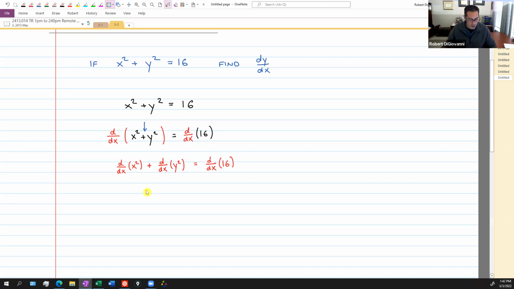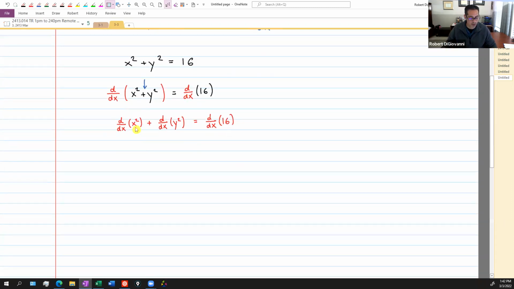All right. On this first one, I want you to pay close attention to the fact that the variable in here matches the variable in here, right? These two variables match. When these two variables match, you're going to do the derivative exactly the way you've been doing the derivative. What is the derivative of x squared if x is the variable that we're talking about here?